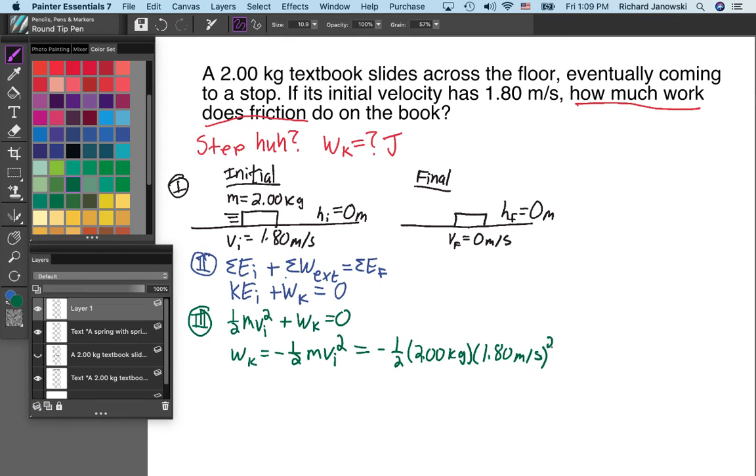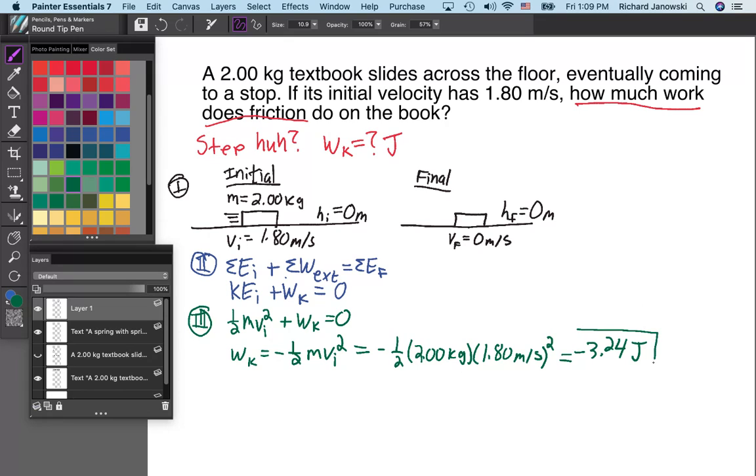And this thing gets squared. So if you get out your calculator, plug those numbers in, minus 1/2 times 2 times 1.8, you hit the x squared button, you're going to get minus 3.24, and the units for this are joules. We've just figured out a work, so its unit should be joules.